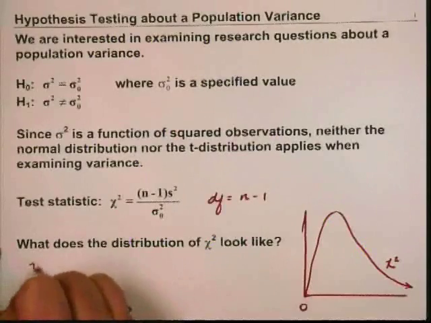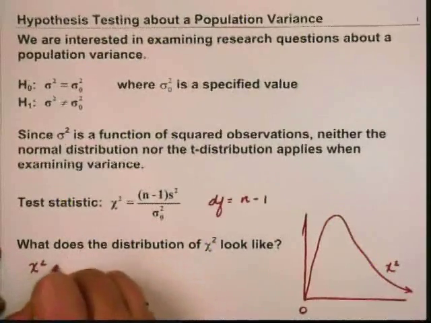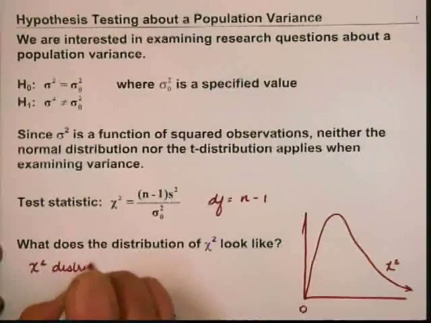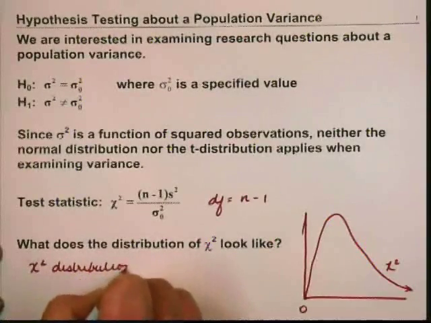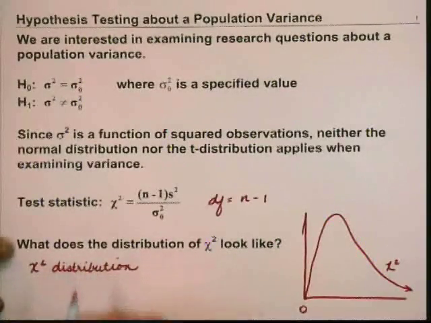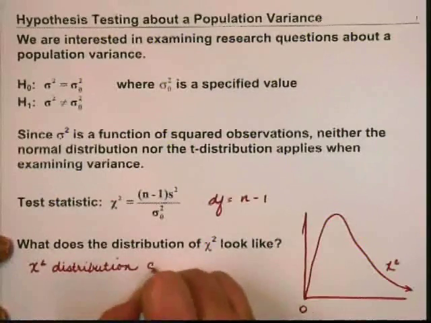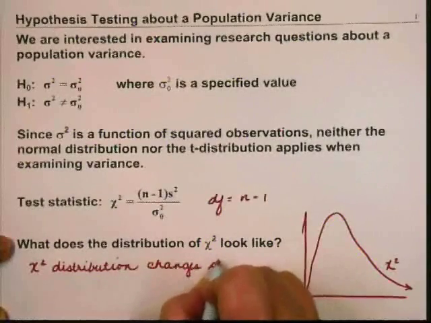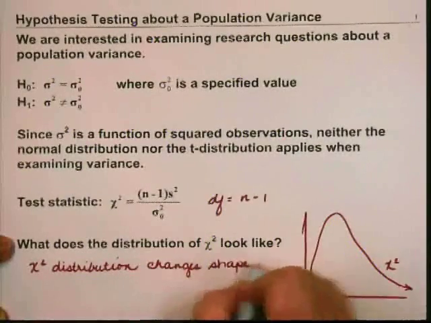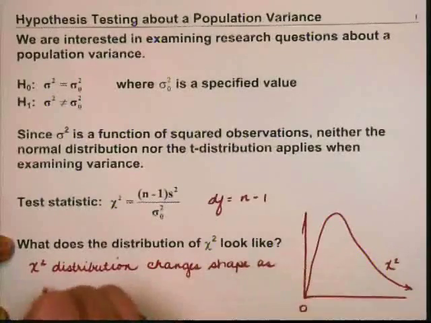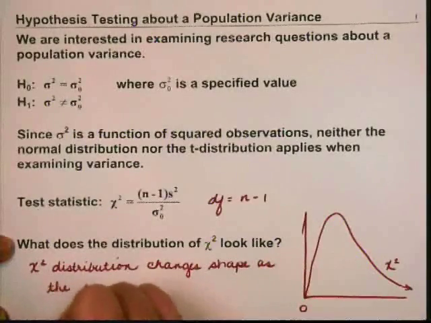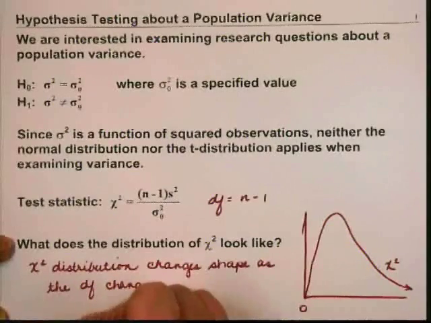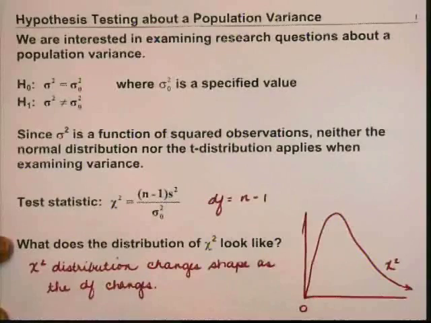The chi-square distribution changes shape as the degrees of freedom changes, similar to what we talked about with the t-distribution.